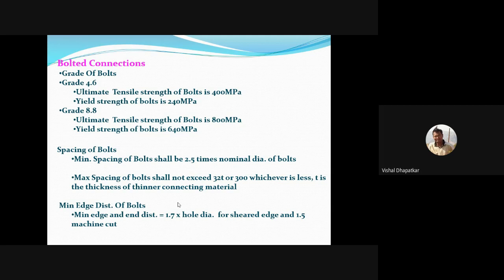So we have to provide some additional edge distance, so it is considered as 1.7 times the hole diameter. If the hole diameter is 22, then 1.7 times 22 should be the edge distance, and 1.5 for the machine cut. When we order a section from the factory, it will be a machine cut, so it will have flat edges. In that case, we can consider an edge distance of 1.5.